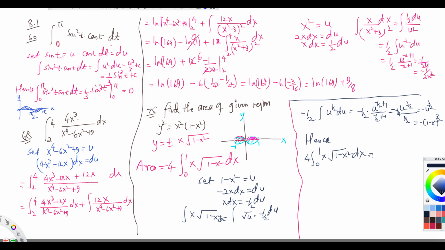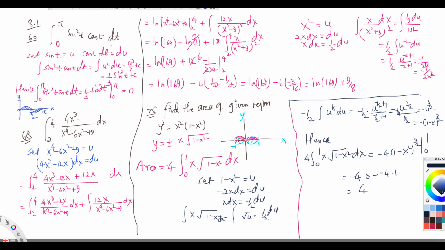I want to write it like this: 4 times negative (1 minus x squared) to the 3/2, with limits 0 to 1. Now plug in 1 first. What do you get? Negative 4, plug in 1: 1 minus 1 is 0, and 0 to the 3/2 is 0. And then minus negative 4 times plug in 0: 1 times 1. That is positive 4, because that is 0, negative, negative, positive.